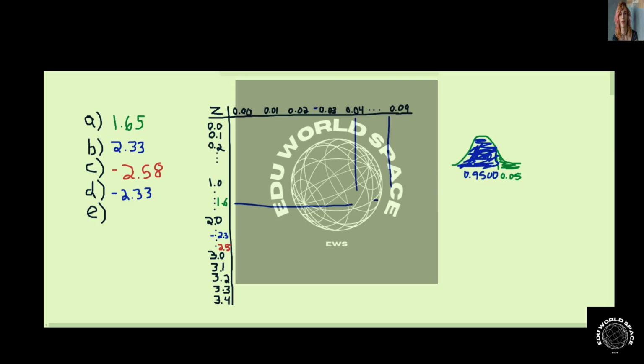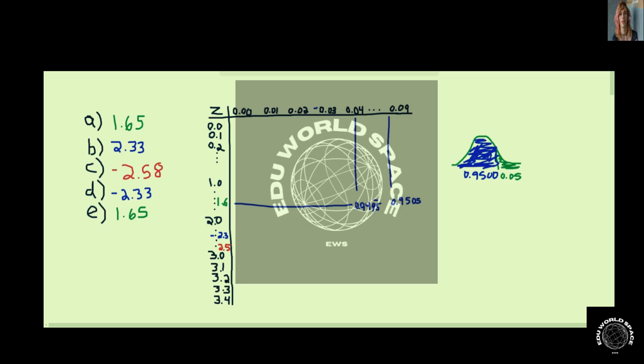And this one was a 0.9495 right here and a 0.9505 right here. So once again, since they're exactly the same distance apart from 0.95, we'll take the average and round up to get Z equals 1.65.